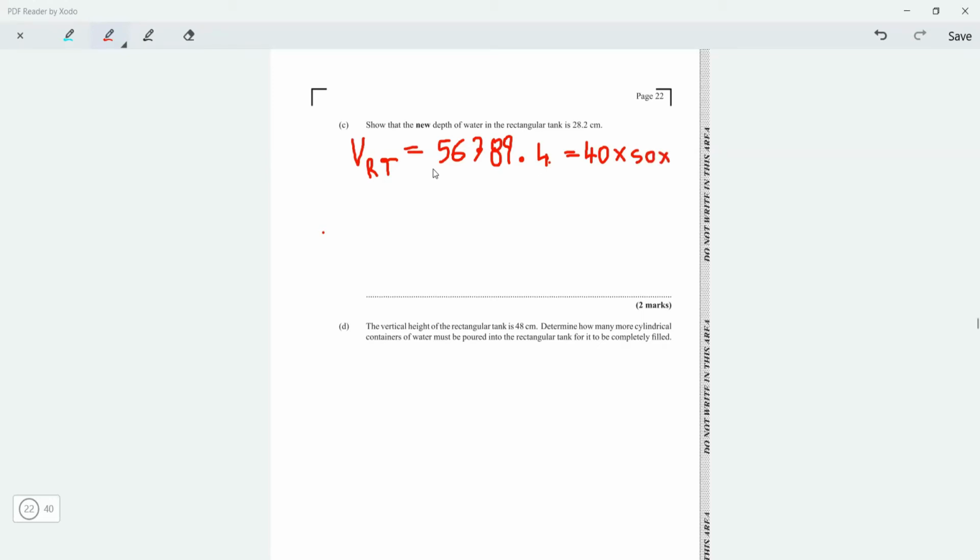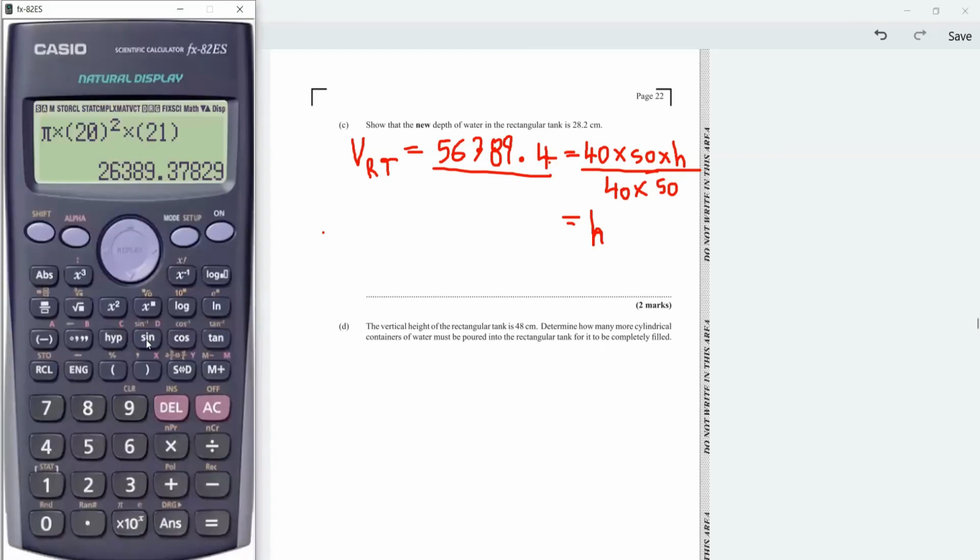So all we need to do now is divide both sides by 40 times 50. We'll divide both sides by 40 times 50, that will leave us with just h. So h is equal to, let's work that out, 56389.4 divided by 40 times 50, and we end up getting 28.19.